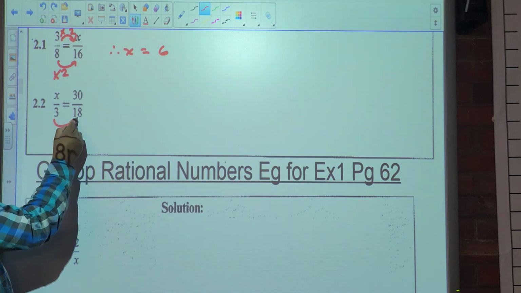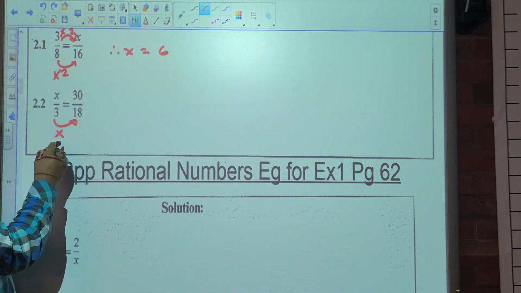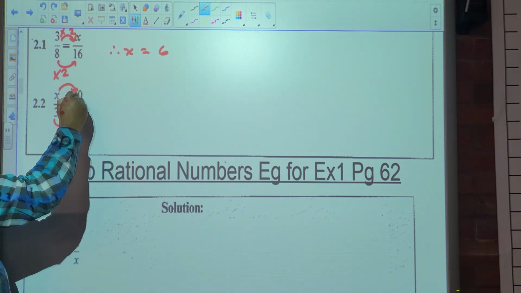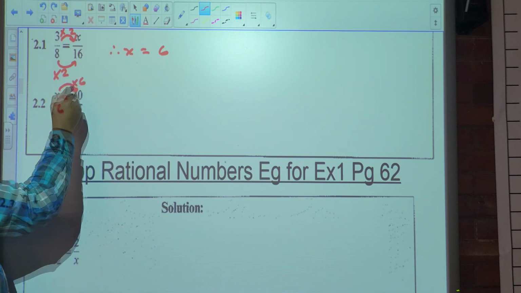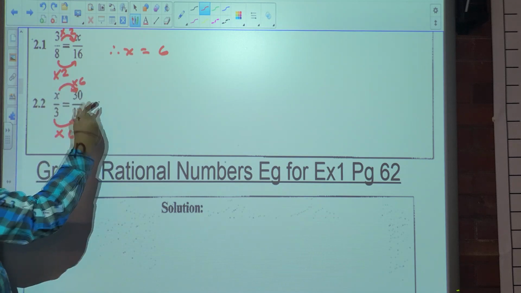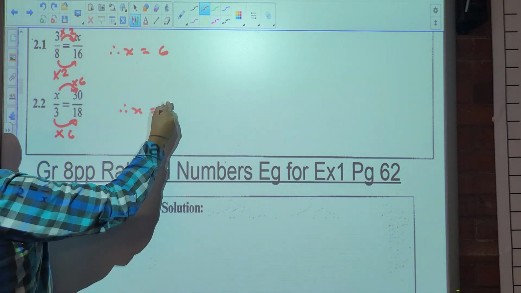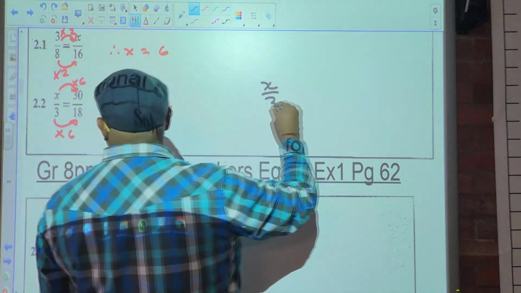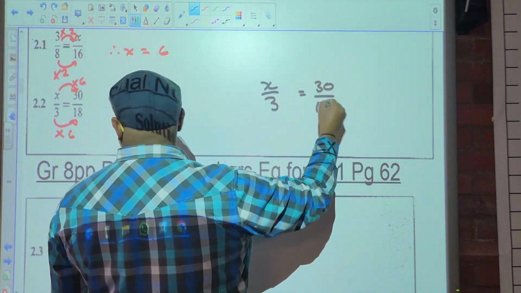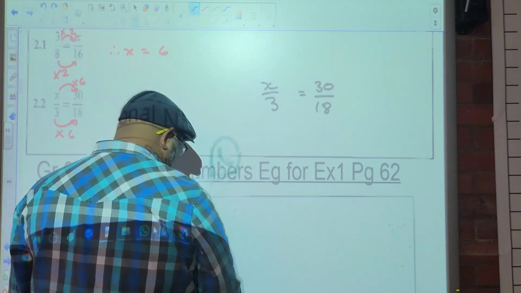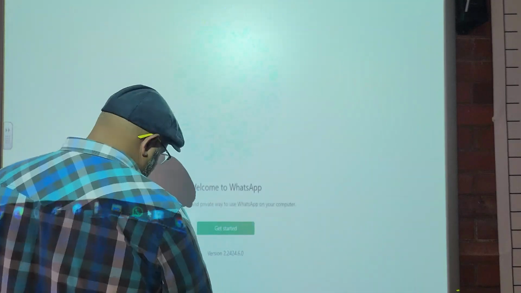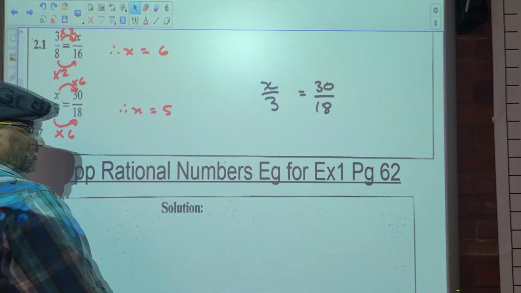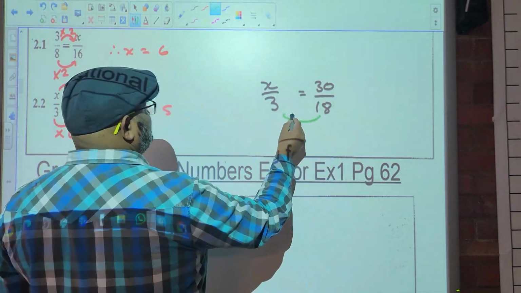How do I get from 3 to 18? Multiply by 6. So a number multiplied by 6 is 30. So what's the number? 5. Otherwise, you could have gone the other way and said, okay, if you've got x over 3 is equal to 30 over 18, how do you get from 18 to 3?